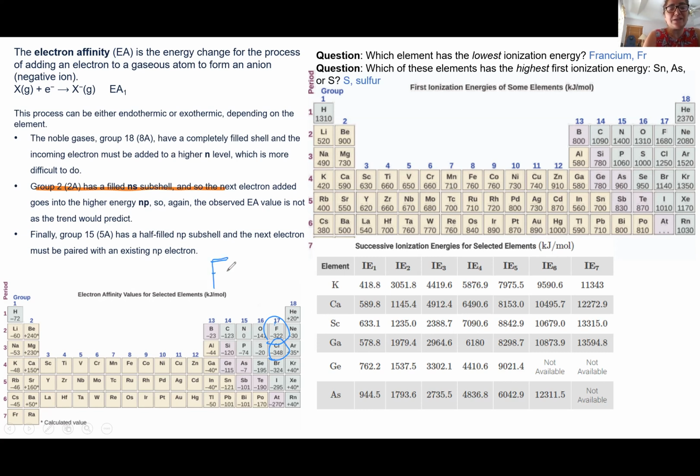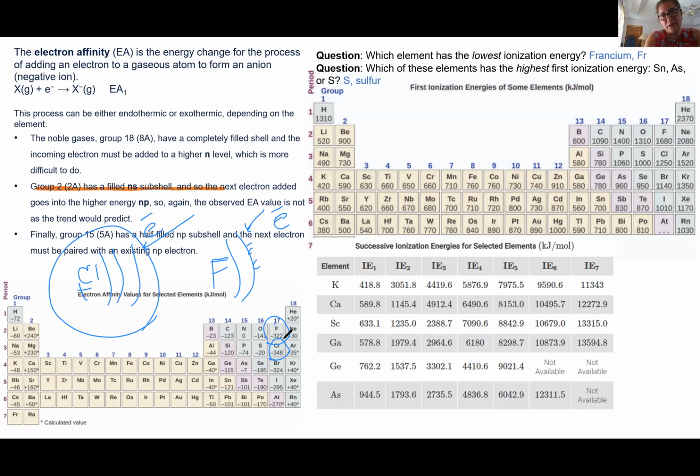So fluorine is like a 2-bedroom apartment, and chlorine has 3 energy levels, a 3-bedroom apartment. An incoming guest is going to be welcome here and also here, but here is going to be more welcome because there is more comfort for the electron to come to a larger surface than to this smaller surface, because of the electron repulsion, because it's a smaller radius that the electron has to be added to.